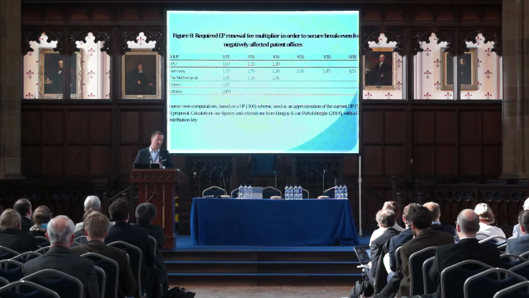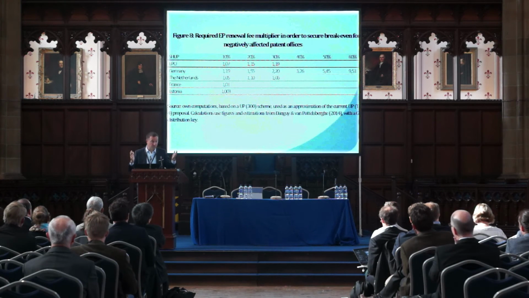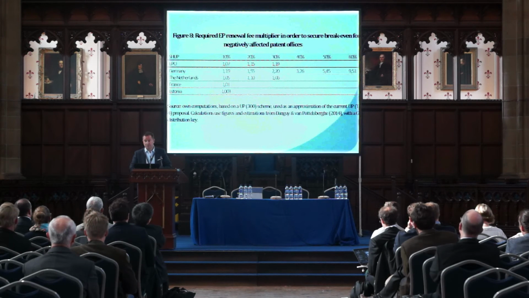So we have looked, in our simulations that's going to be released, our proposal instead, because now that the renewal fees of UP4 are fixed, let's hope we keep this, national patent offices can play with their EP renewal fees, because it's their own decisions.